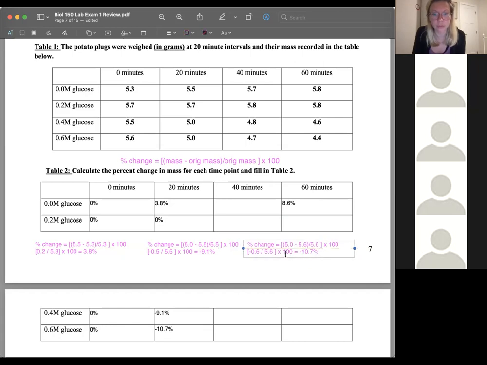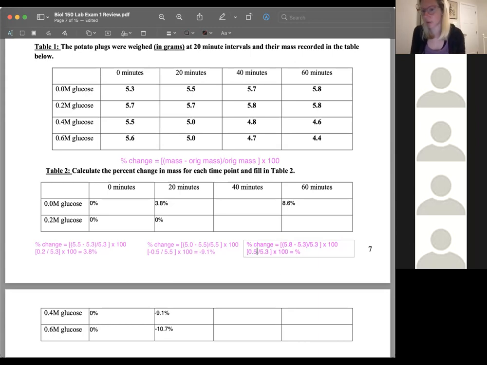Let's sort this out. Okay, so if we're looking at the 60-minute time point for the 0 molar glucose, we're looking at 5.8 minus 5.3 divided by 5.3. That'd be 0.5.